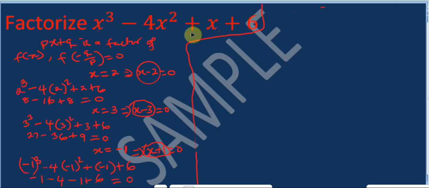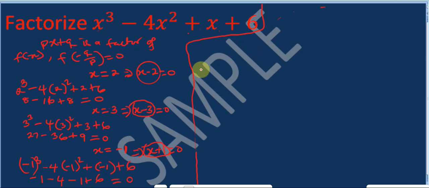Remember I said when you look at this, especially when the coefficient of x raised to the power of 3 is 1, you just go straight here and use the factors of the constant of the polynomial, which is plus 6. 2 and 3 are factors. You can just assume x to be 3. Now, if you assume x to be 3, the factor is going to be x minus 3, just like I did here, as the first factor.